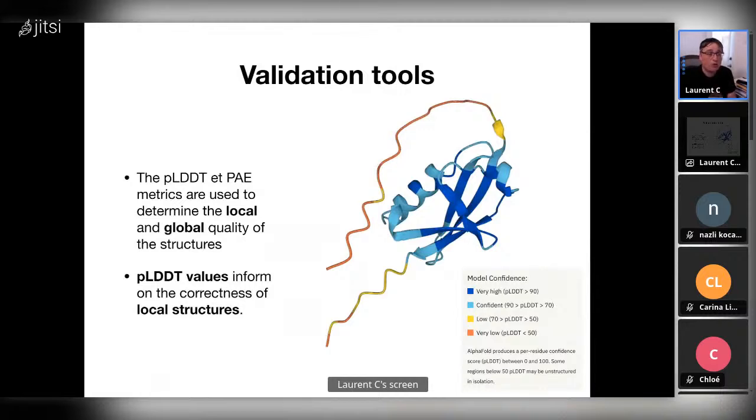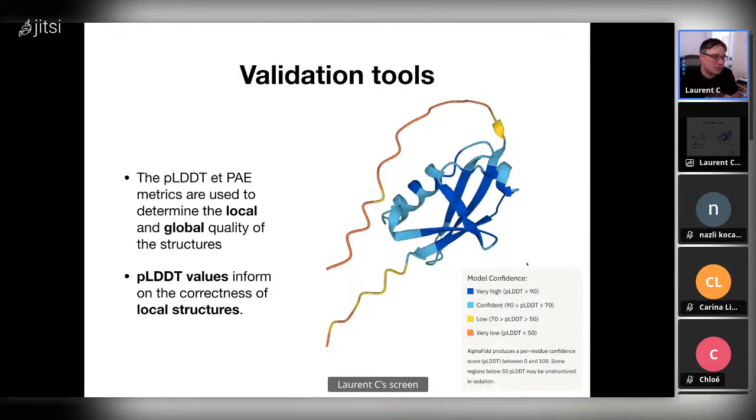One is called pLDDT values, which inform you on the local quality of the structure. This is given per residue, and it informs you whether the quality of the prediction at this particular location is very good, medium, or bad.